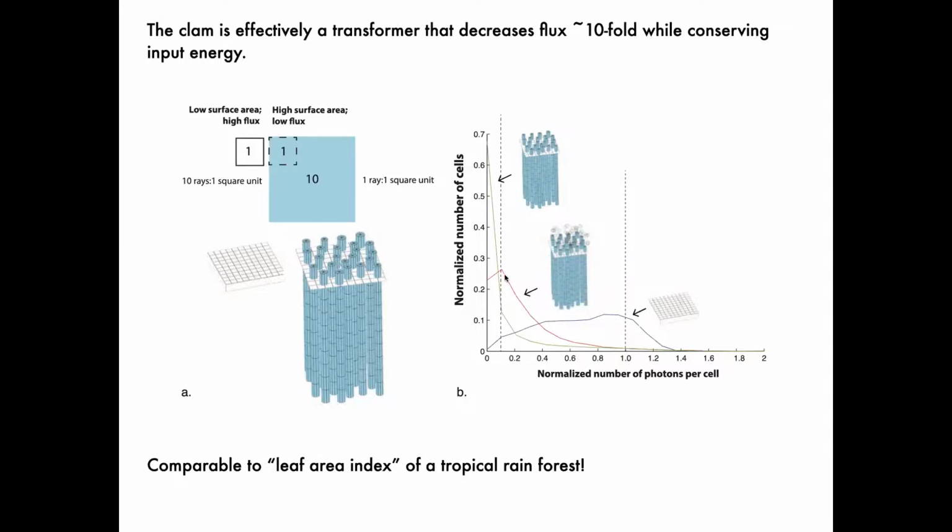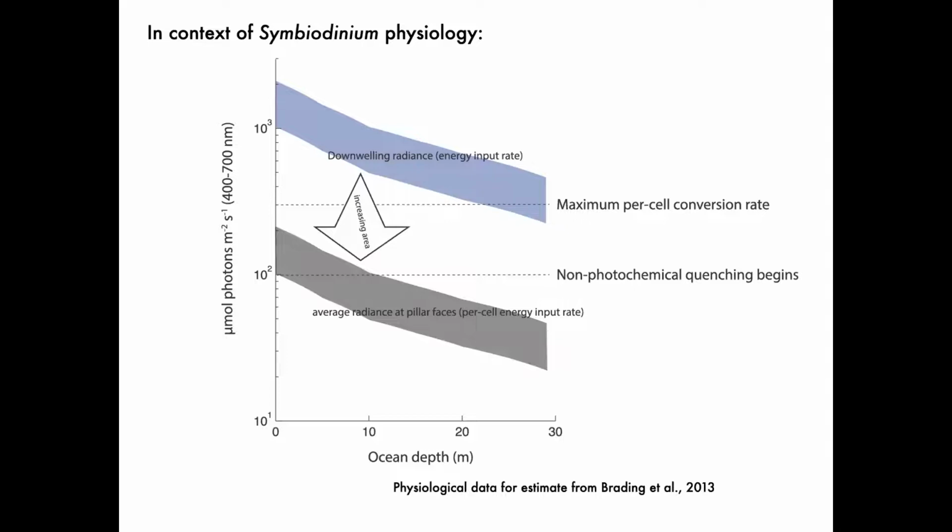And then when you add the iridocytes into the model, lo and behold, we get a lovely peak in our histogram right at a factor of 10-fold, which is how much more area we put in our pillars than under the apparent surface. If we look at this as a rate problem, this 10-fold transformation factor does a really lovely job of moving all of the cells from this over-irradiated zone into a flux at which they can be happy and at that very highly efficient spot in their energy conversion function.